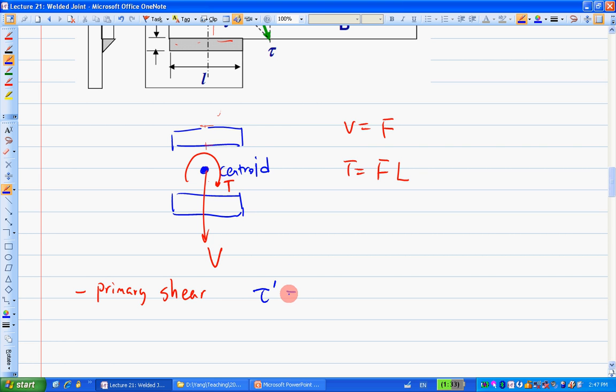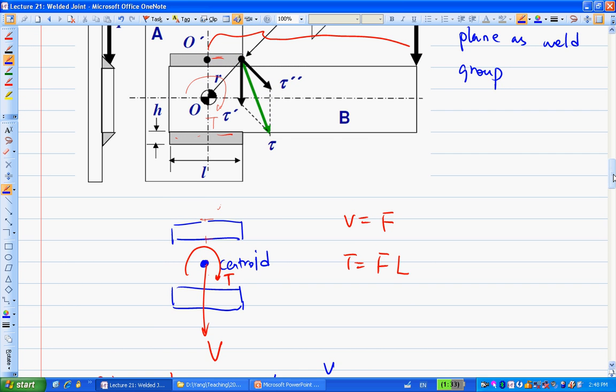We call that tau prime, which is V over the area. The area here refers to the throat area. In this case, how many throat areas do I have? I have a throat area here, and another throat area here, so I've got two throats.